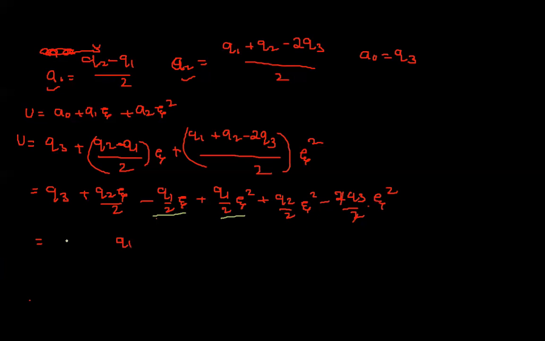These two terms are there. If you separate q1, it is possible to write minus zeta by 2 into q1, and another q1 term with zeta square, so plus zeta square, whole divided by 2, because there is a divided by 2 in both. So minus zeta plus zeta square, whole divided by 2, into q1.